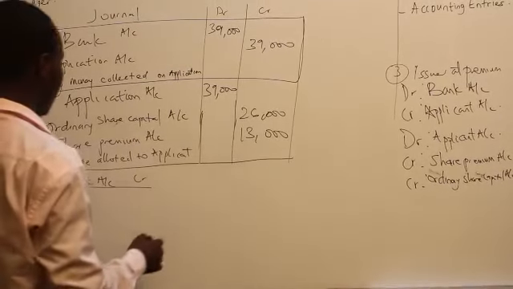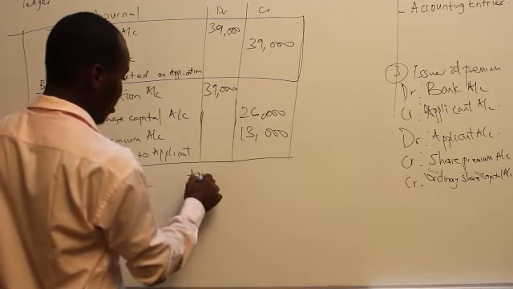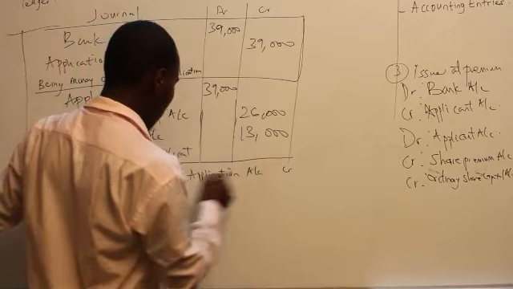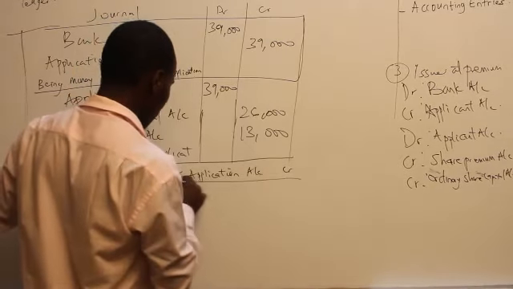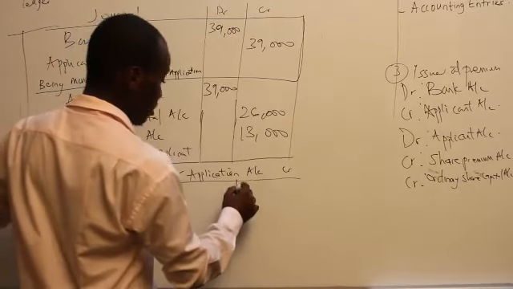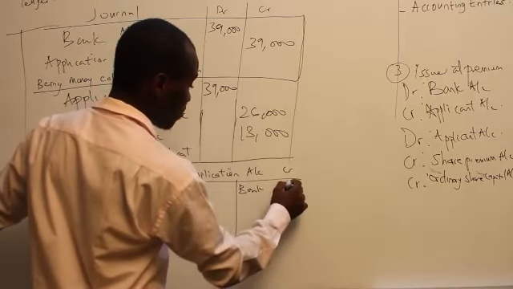Next is the application account. We are going to credit bank with that, crediting application account when the money is being received.